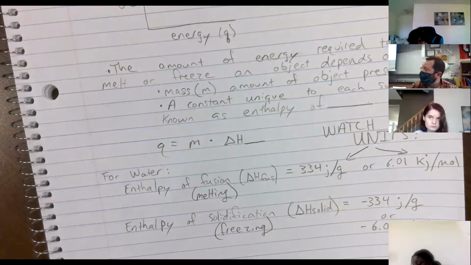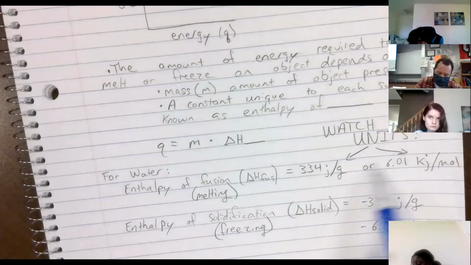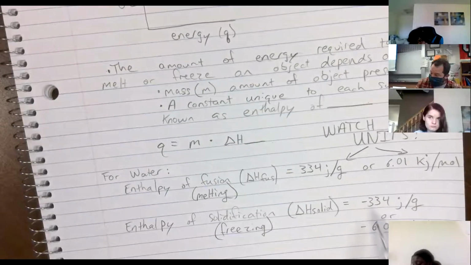Do they look familiar? Well, I hope so. Just wrote them down up here. The only difference really is that negative sign, and we'll talk about that more in just a minute.